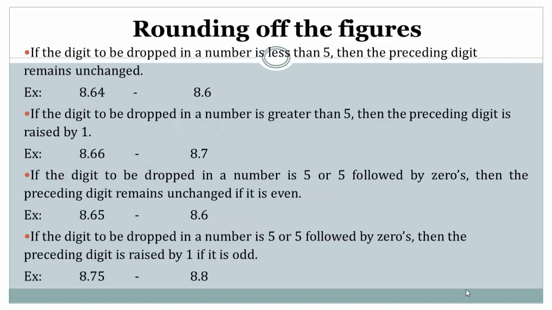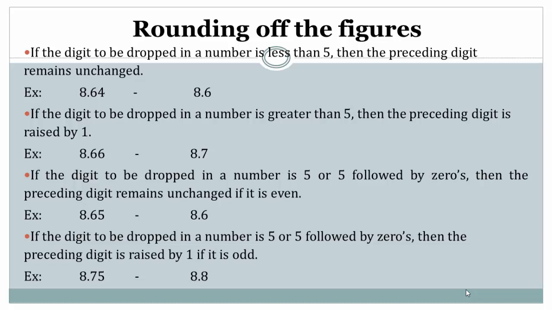Rounding of figures. If the digit to be dropped in a number is less than 5, then the preceding digit remains unchanged. Similarly, if the digit to be dropped in a number is greater than 5, then the preceding digit is raised by 1. For example, consider the number 8.66.